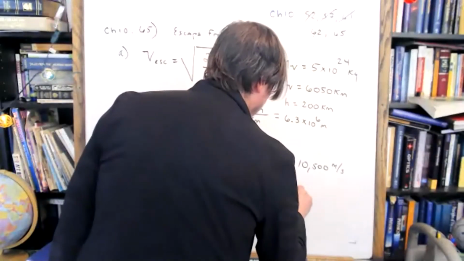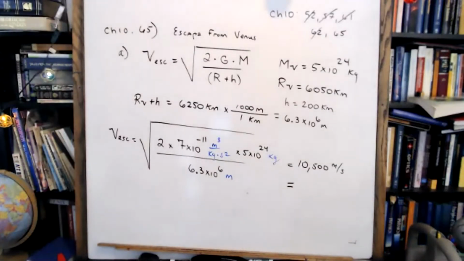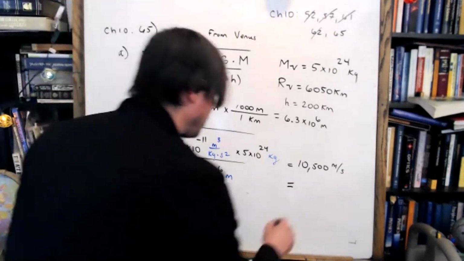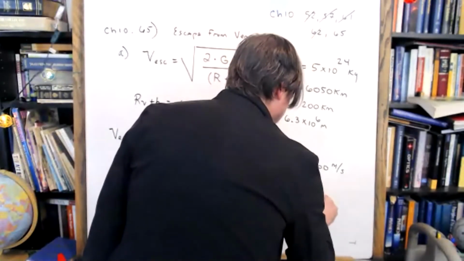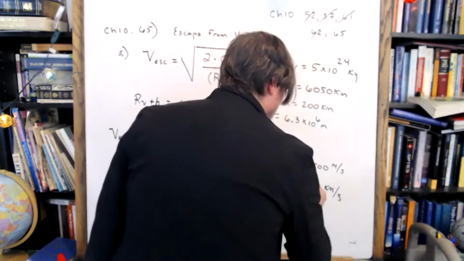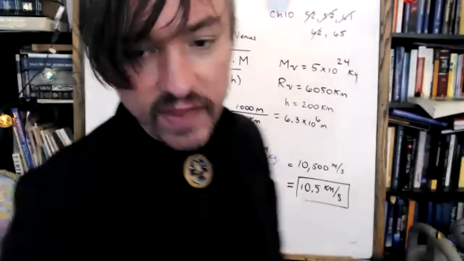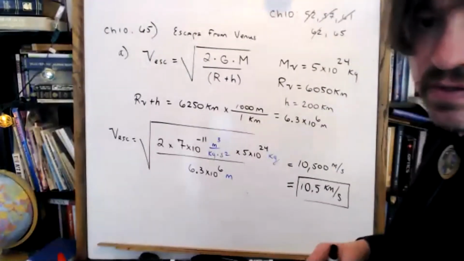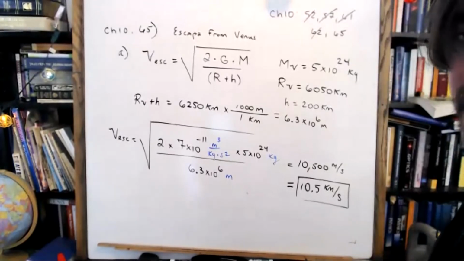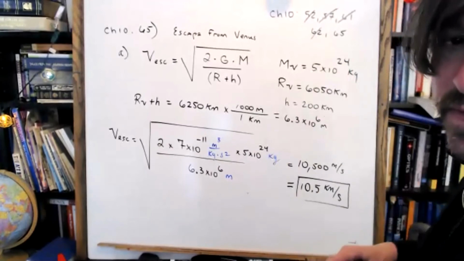So what's the answer then? 10.5 kilometers per second. Okay. Since you were capable of thinking your way through that, I will not force you to do the dimensional analysis. I'll presume that you could do it if you had to. Get that down because I'm going to need the whole board for part B.